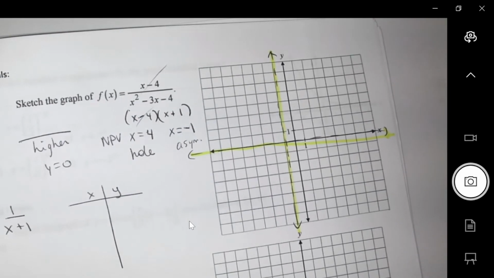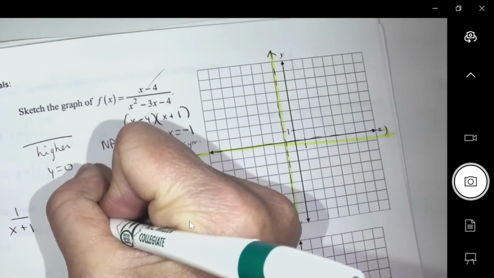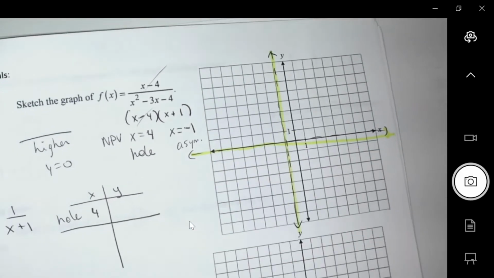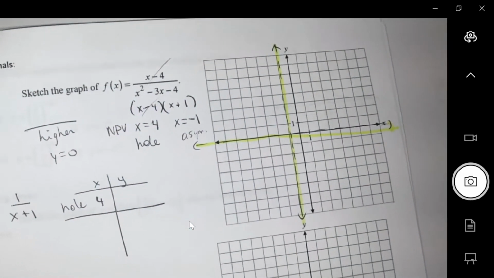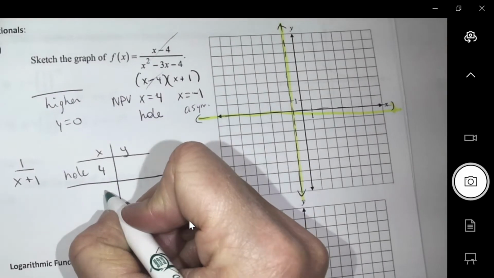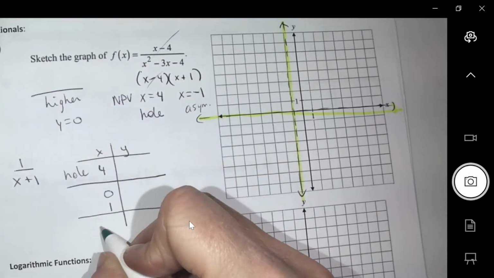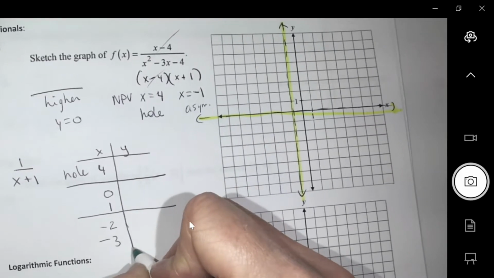Okay, so here's what we need to do. We need to do 4 because we need the hole. And let's pick 2 on each side of that line. So I'm going to pick x of 0 and 1. I'm going to pick a -2, -3.